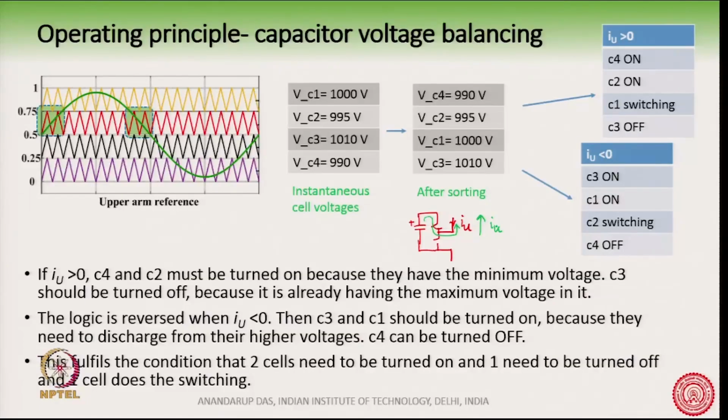Another thing which I would like to mention here, we will talk about this control system later, but this ensures that individual capacitors inside the arm are balanced. However, the total arm voltage, that is the sum of the voltages, may diverge.